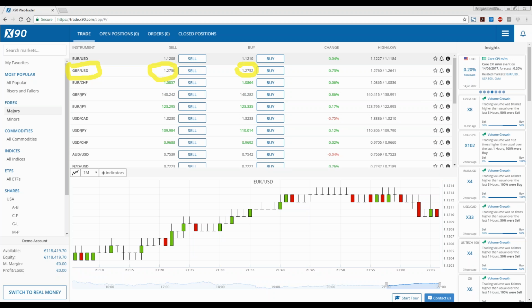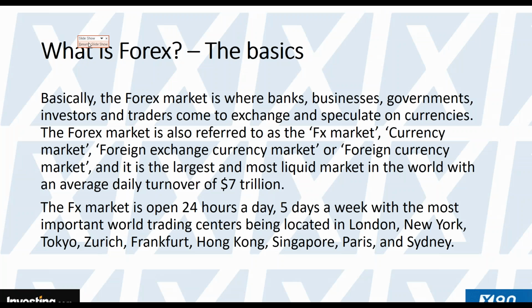Okay, let's go back to my PowerPoint and really start talking about what Forex is, so you can understand a little better what you're thinking about investing in. Basically, the Forex market is where banks, businesses, governments, investors, and traders like you and I come to exchange and speculate on currencies.